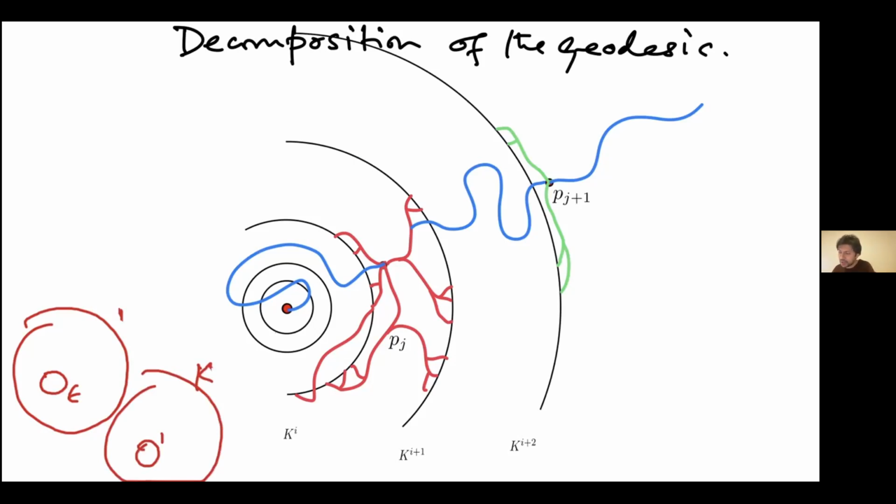And so using that, you can divide your space into exponentially growing scales, with the scaling factor being k, where k is some large number. And so then you will see these annuli from k to the i to k to the i plus 1 and so on. And with positive probability for each annulus, you will have a picture like this, where any geodesic which goes from the inner boundary to the outer boundary will coalesce.